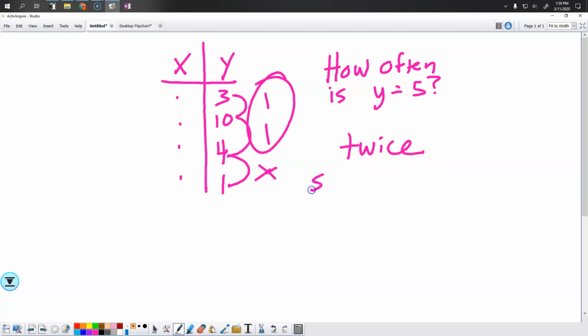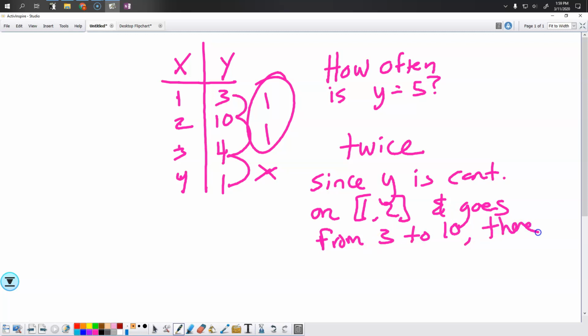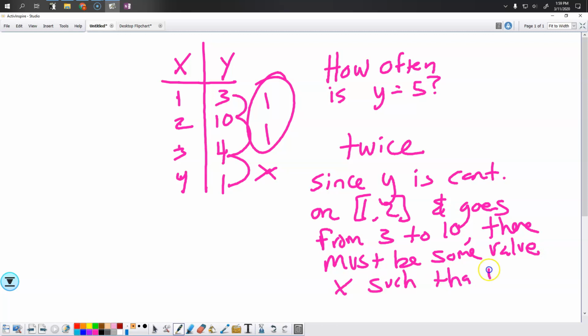You would say, since y is continuous on the interval, I guess I better put some numbers over here so I can use intervals, on the interval from 1 to 2, and goes from 3 to 10, there must be some value x such that y of x equals 5.